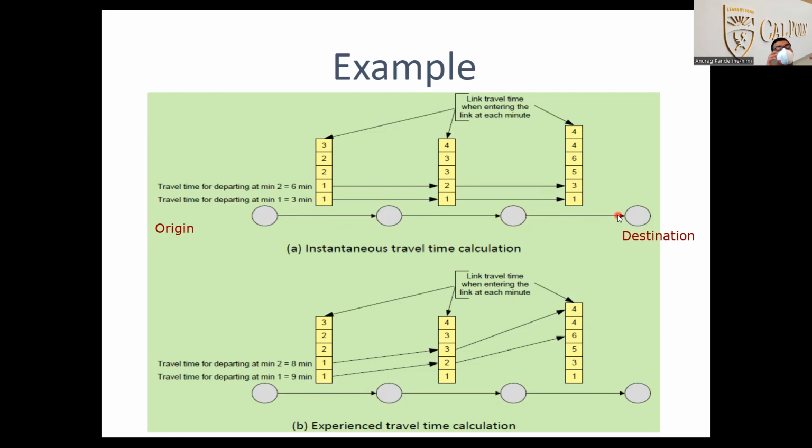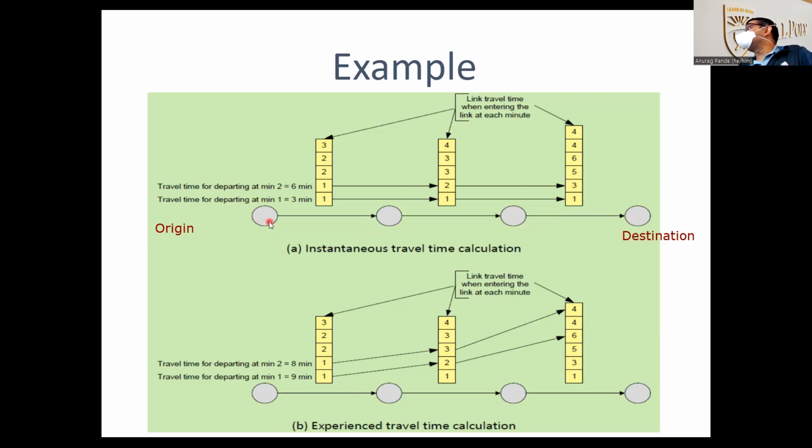Now, when your modeling is based on instantaneous travel time, you make your decisions for routing and stuff like that. This is the origin, this is the destination. You just say, okay, I'm going to start routing my vehicles leaving at t equal to 1 from here to here.